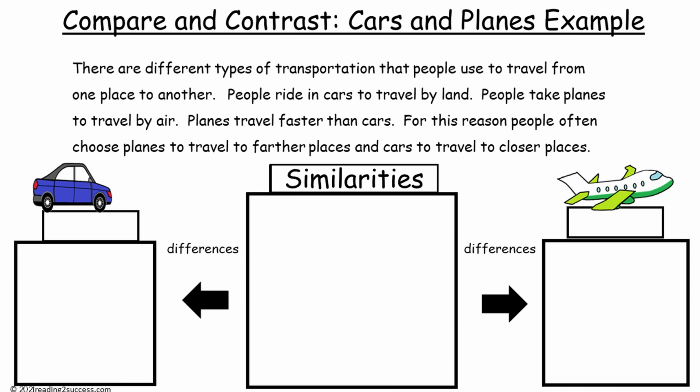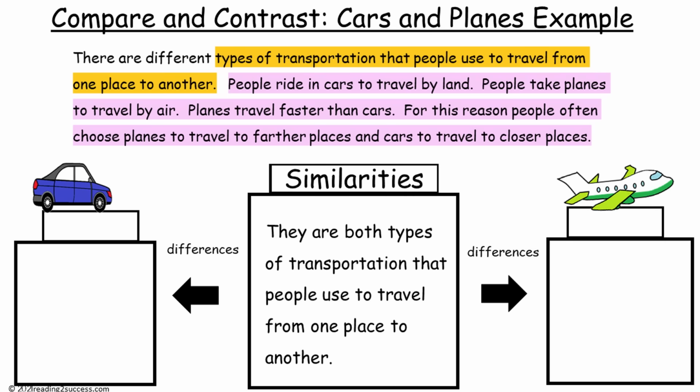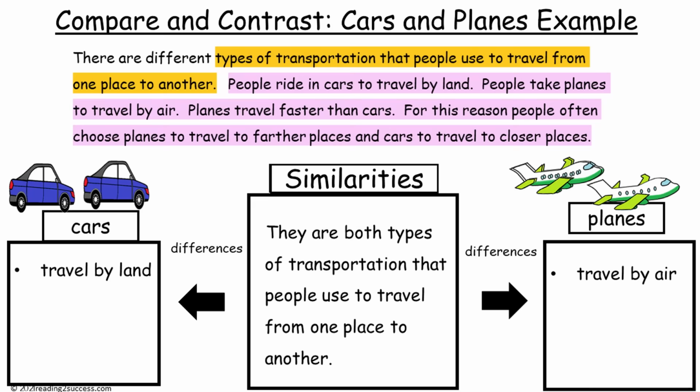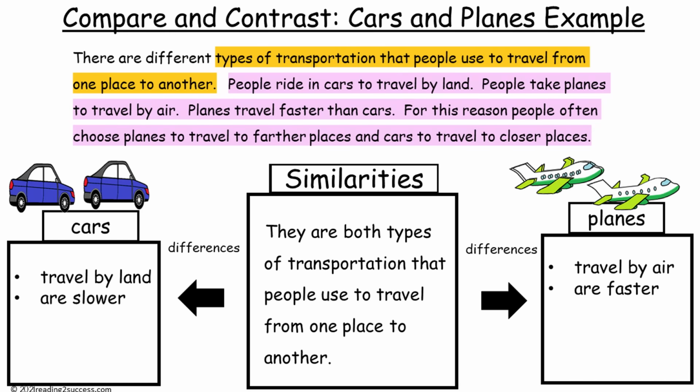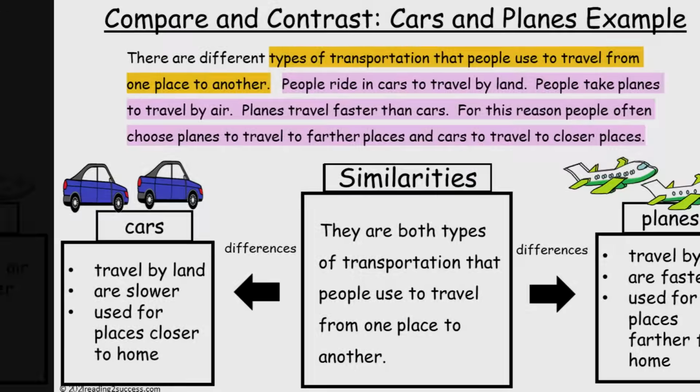Now with kids, read the next example, cars and planes. Highlight the similarities in orange and the differences in pink. Fill in the similarities. Then fill in the first difference, the second difference, and the third difference.